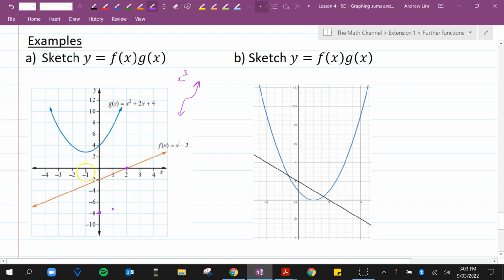Here we've got 3 times minus 3 is minus 9. Okay, so we know that it's going to look like this because we know it's a cubic. And it's going to go through that point there. Alright. Why don't you pause the video and have a go with question B.